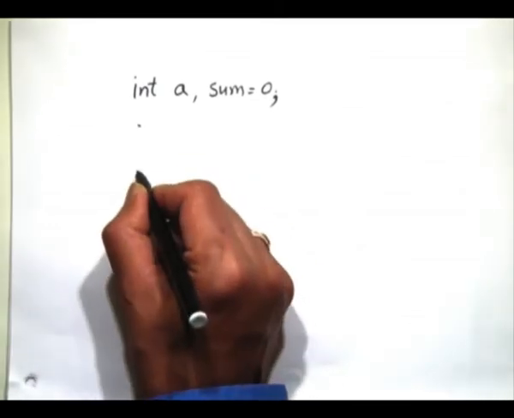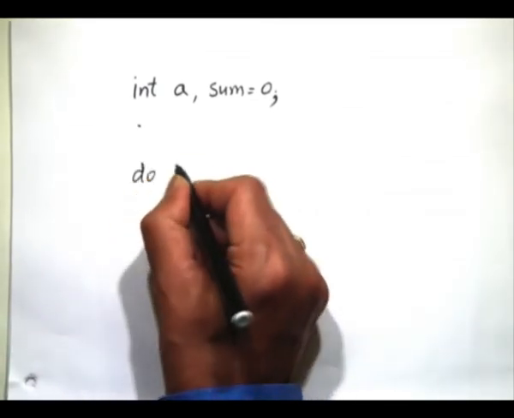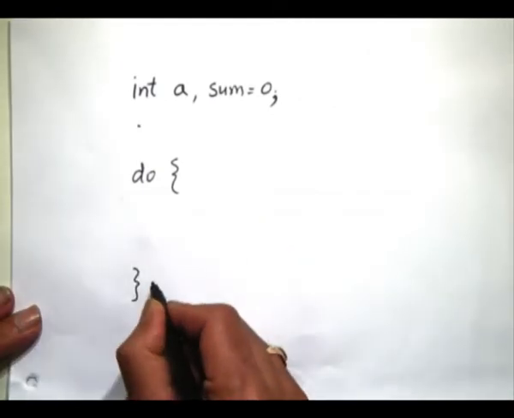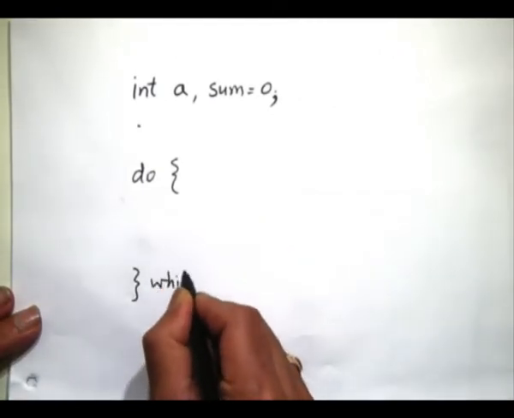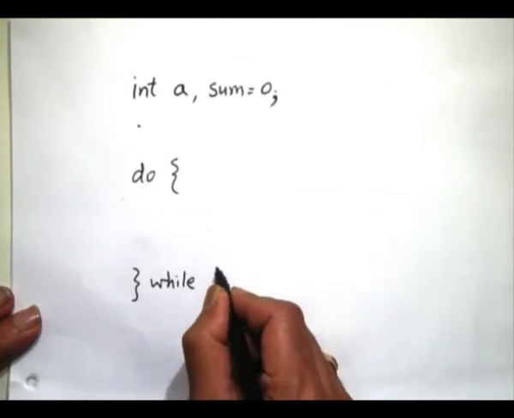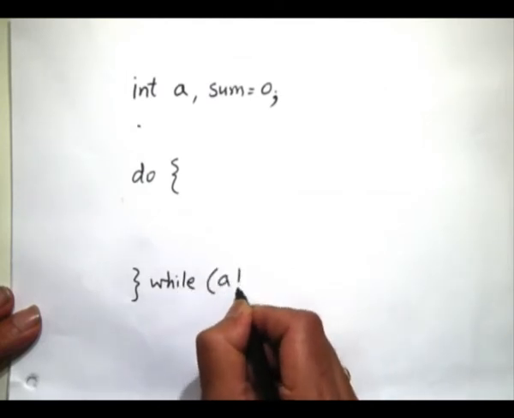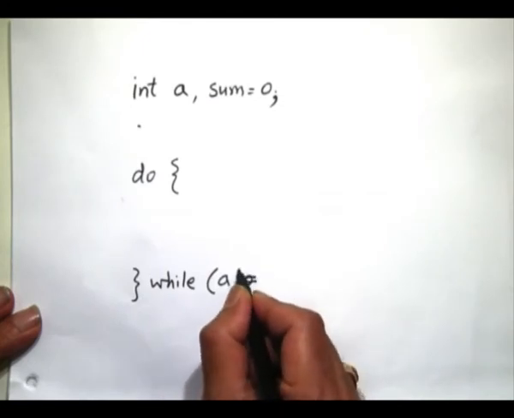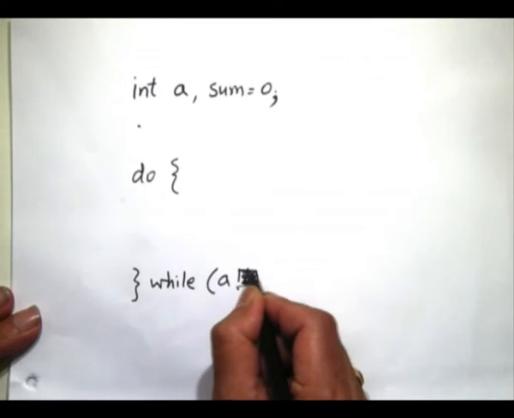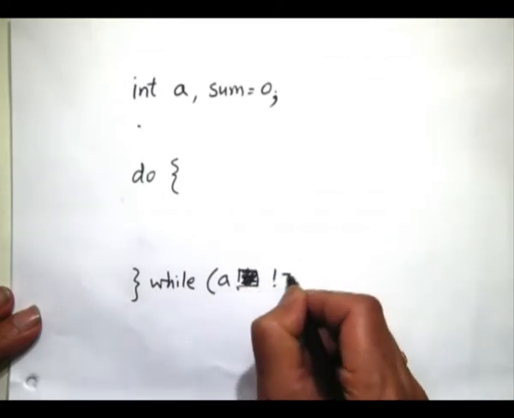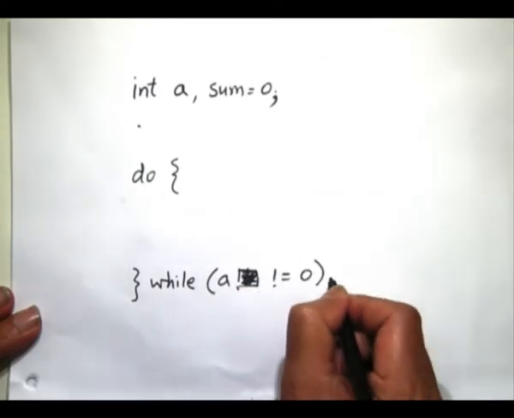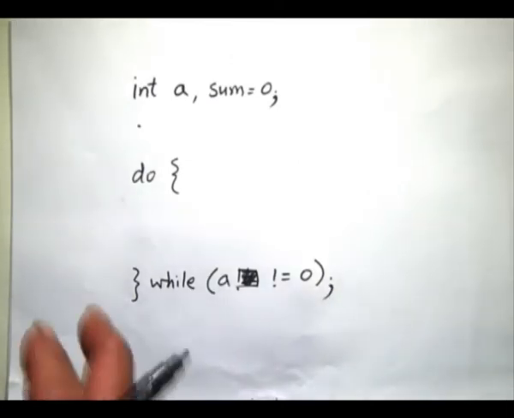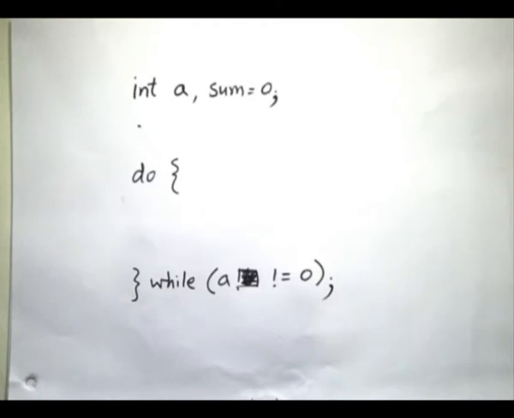So how will I write? This is what I want to write. Do something while a not equal to 0.